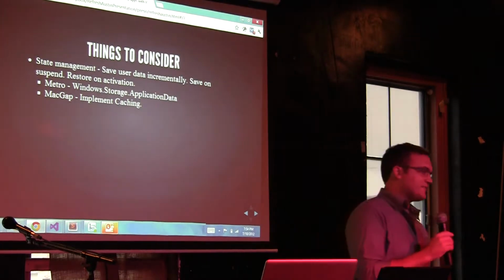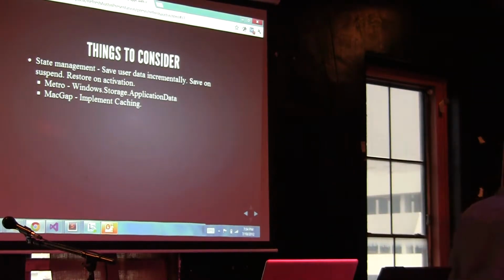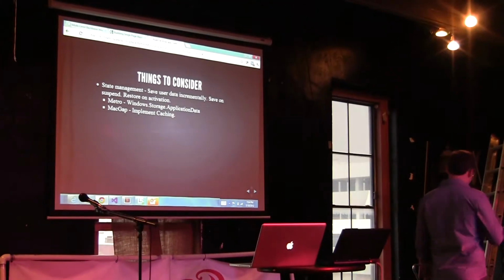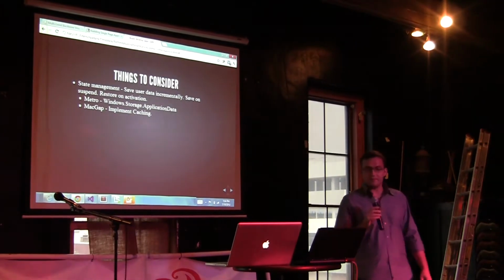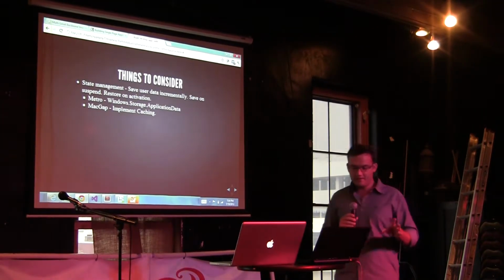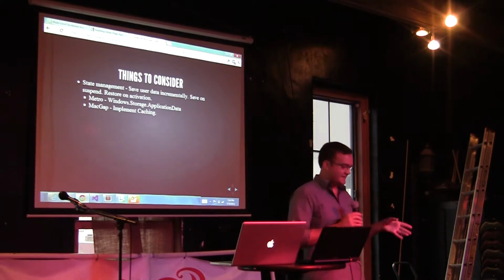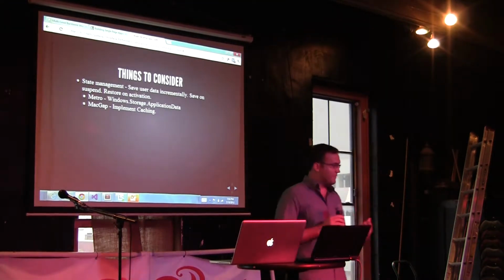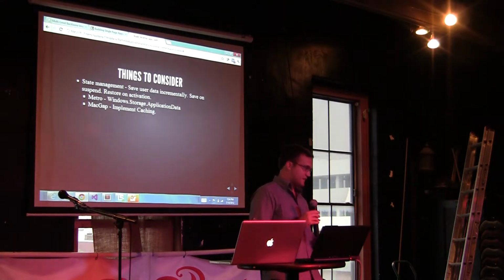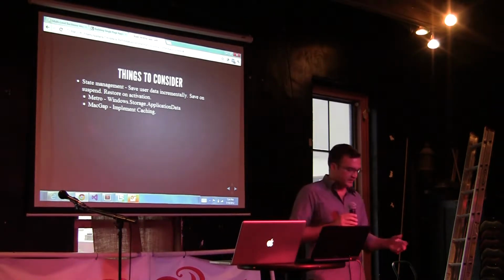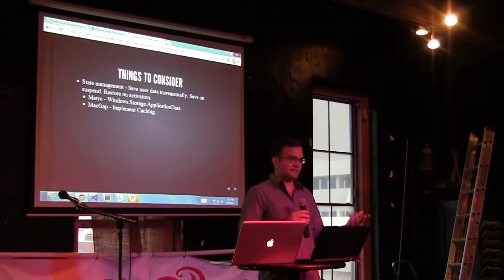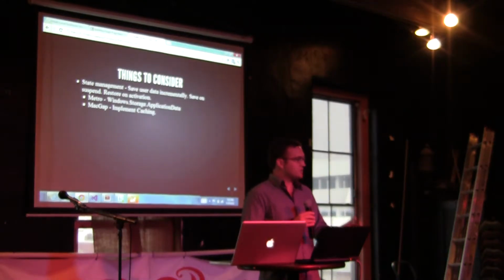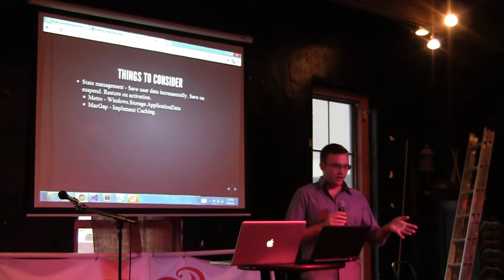So there are a few things you have to consider, though, within desktop app development. You always have to consider state. At any point, if the application is not the active application, it's going to be put into memory. If the OS needs to get that memory back, it's going to shut down the application. It's going to give the application notice, usually 5 seconds. You can request a little bit longer a lot of times, but essentially you need to do whatever you need to do and shut down.